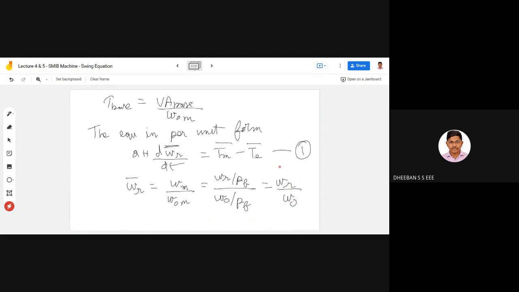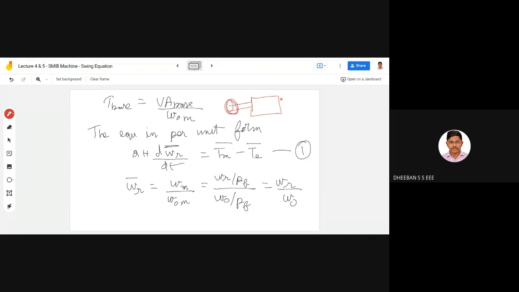At the input of the generator, the concern will be about the mechanical power.